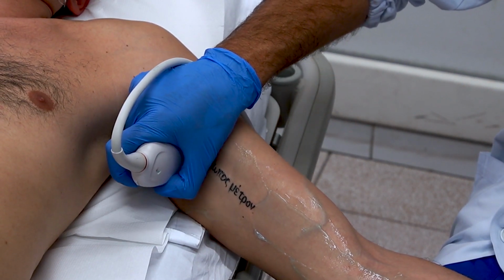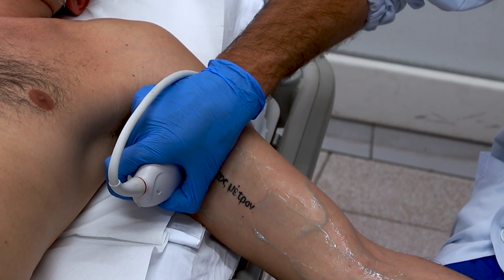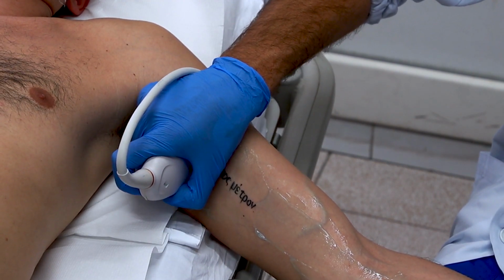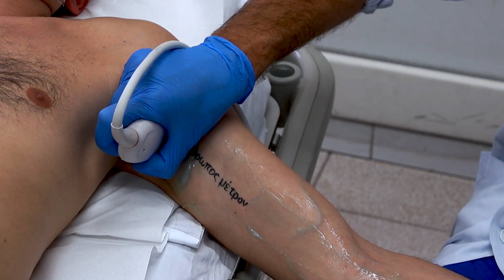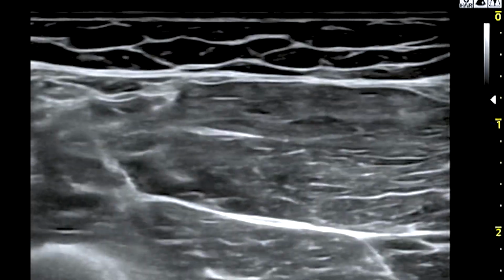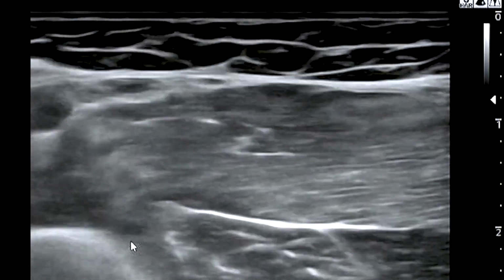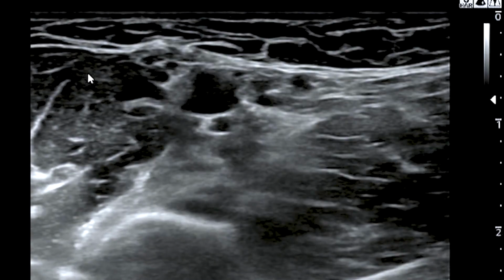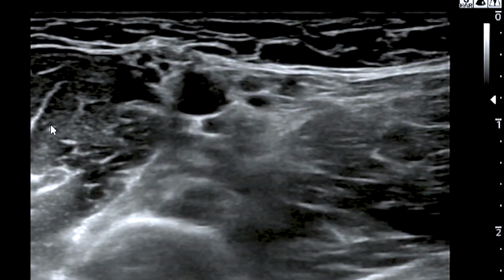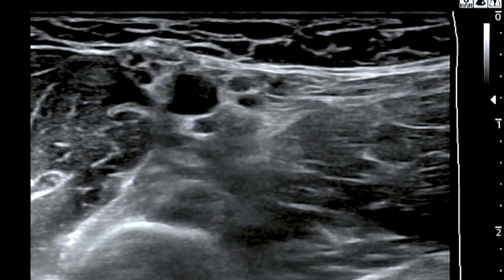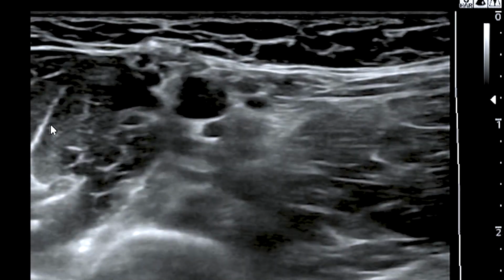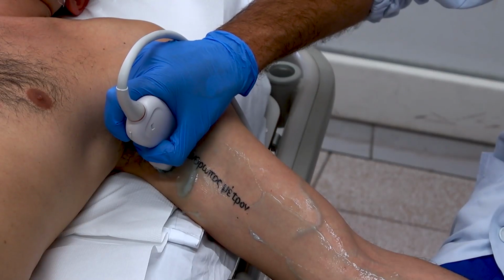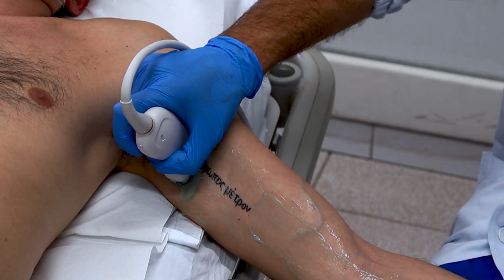As you can see in this image, the radial nerve is moving deeper. The median nerve is also close to a muscle belly, the coracobrachialis muscle, on the lateral aspect of the median nerve.